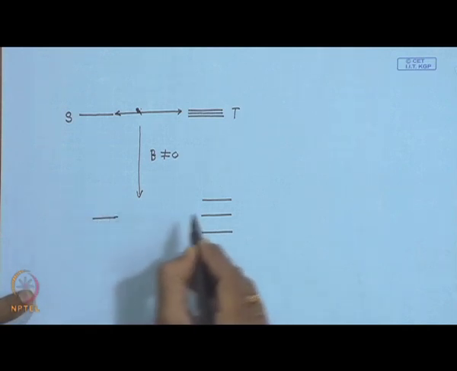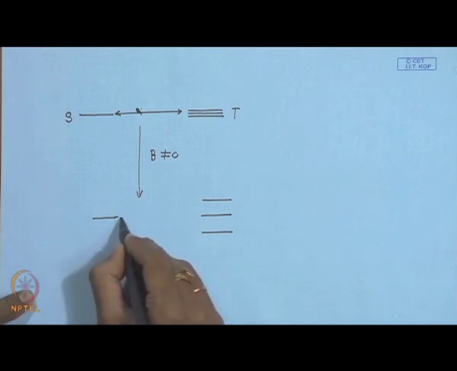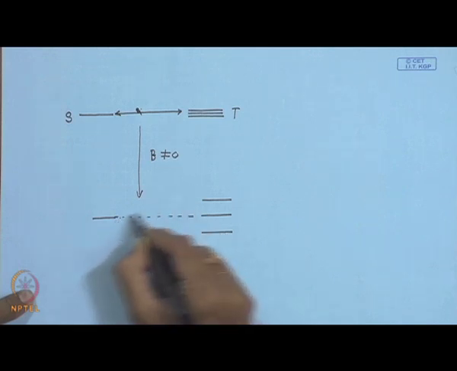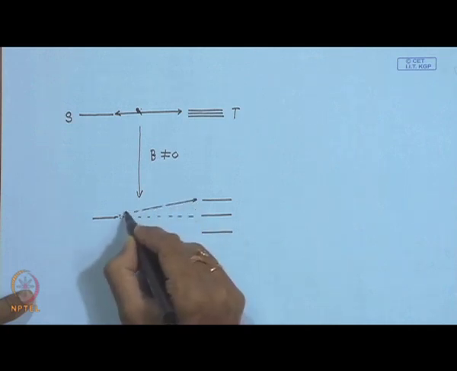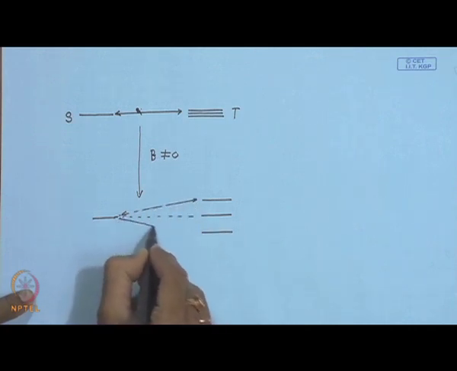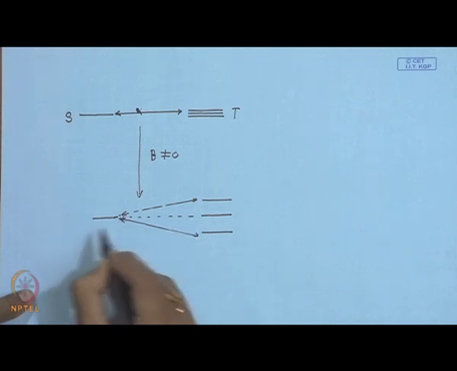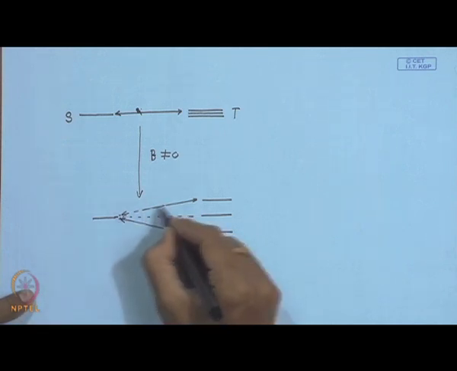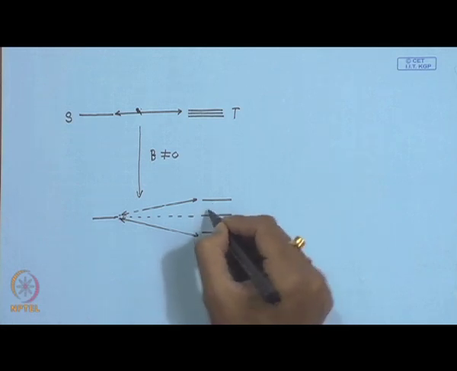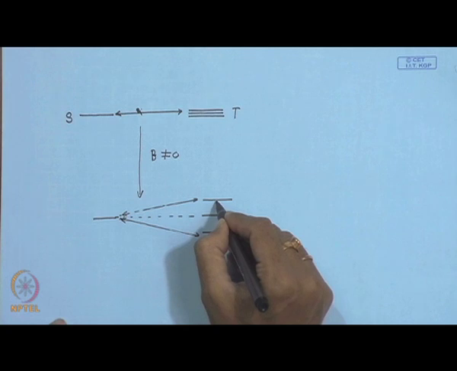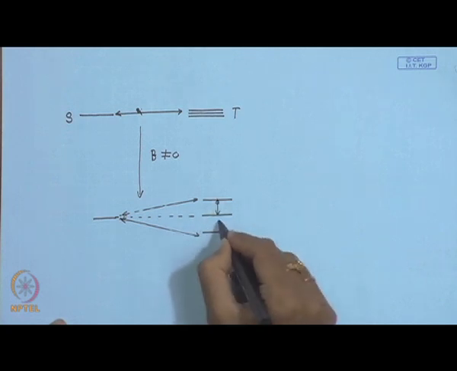Now what is happening is that energetically these two are the same, but these two are different. So, transition from these two is now getting reduced because of the energy gap. This splitting is dependent on your external magnetic field.